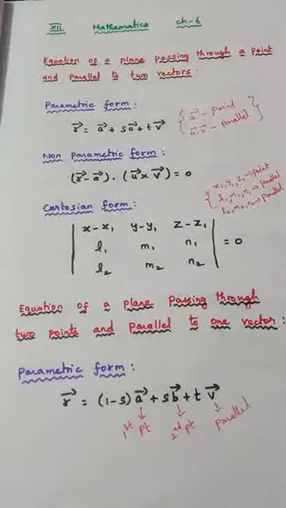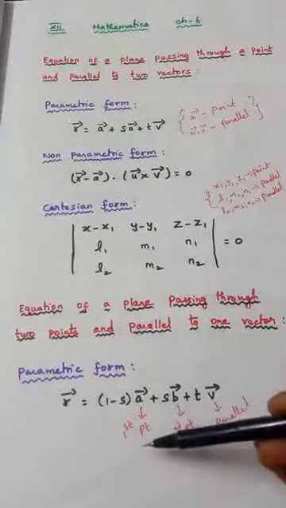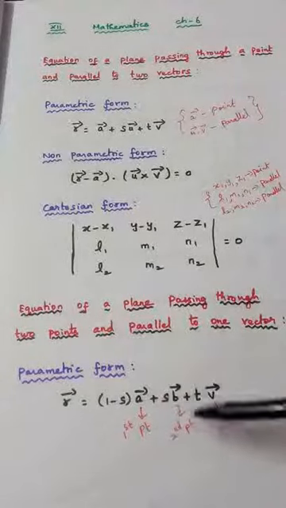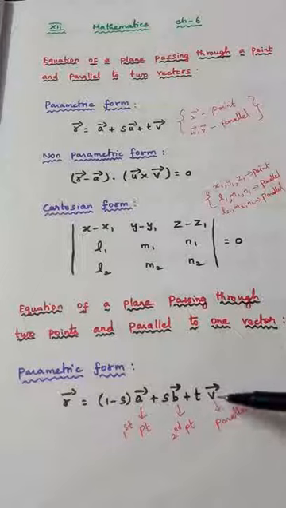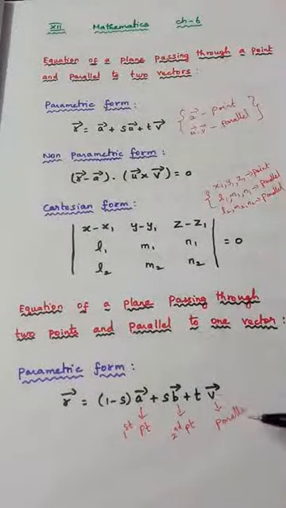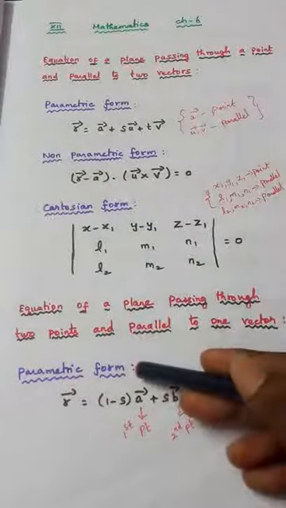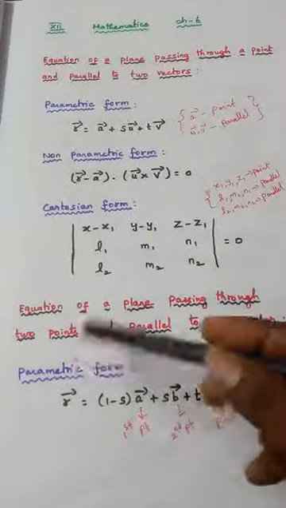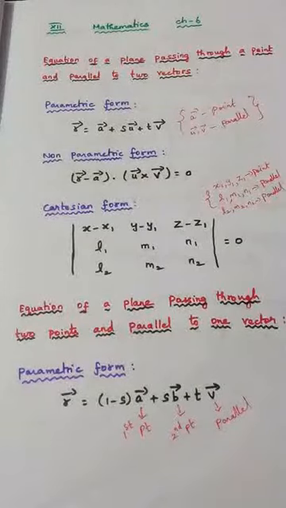You should understand why the formula comes like this: (1 minus s) a vector, a vector means first point, s b vector, second point, so the plane passes through 2 points, plus t v vector. Only one parallel vector is given, so we are naming that v vector. So this is the formula in parametric form for the equation of a plane which passes through 2 points and is parallel to one vector. Now we will see the non-parametric form for this.